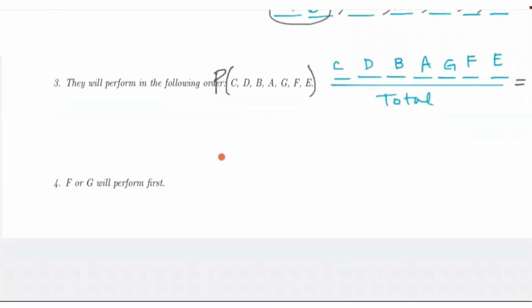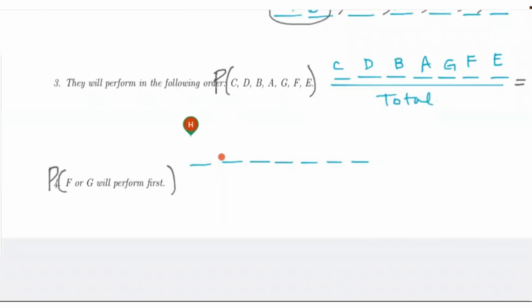All right, probability of F or G performed first. Okay, same thing. 1, 2, 3, 4, 5, 6, 7.